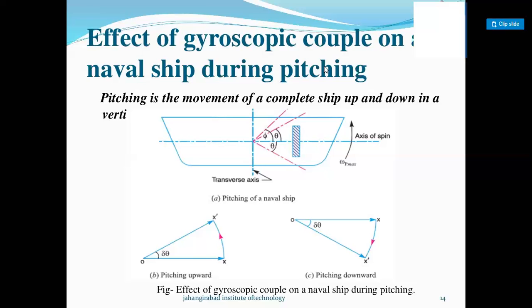So no analysis is done for the gyroscopic effect on the rolling of the ship, right? So there are three kinds of gyroscopic effect on a ship: rolling, steering, and pitching.